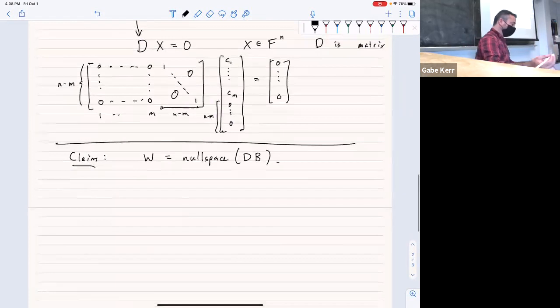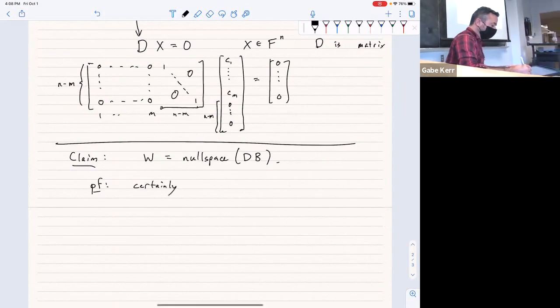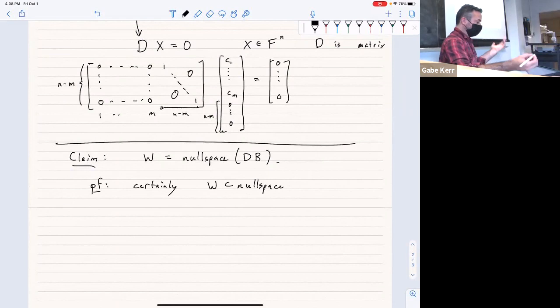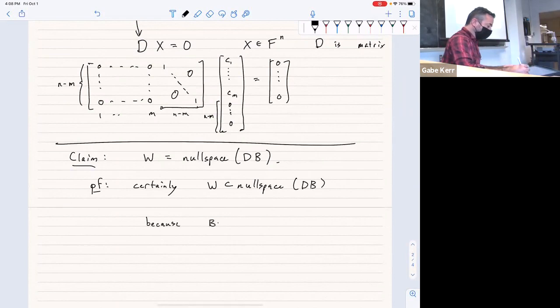But that's the claim, and the proof is, well, certainly W is contained in this null space, just by what we did. B times any of the basis vectors Wi is an element of W prime.